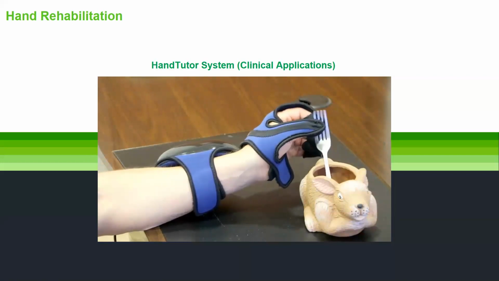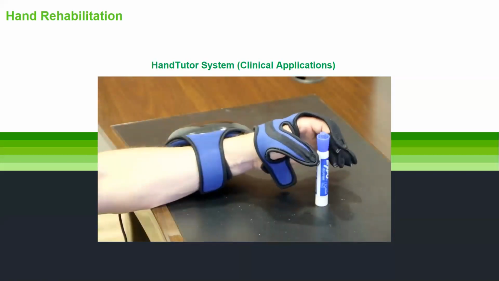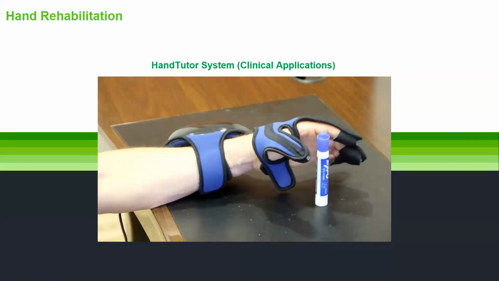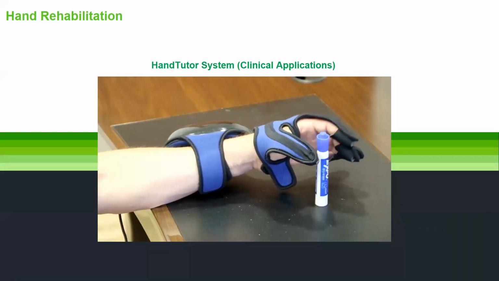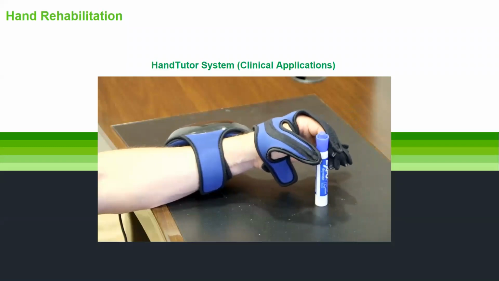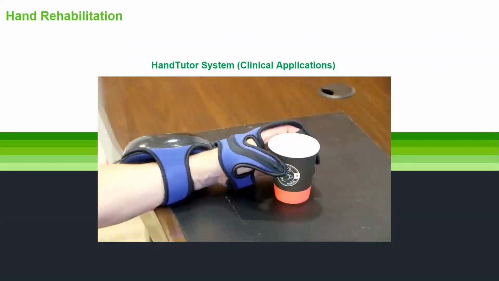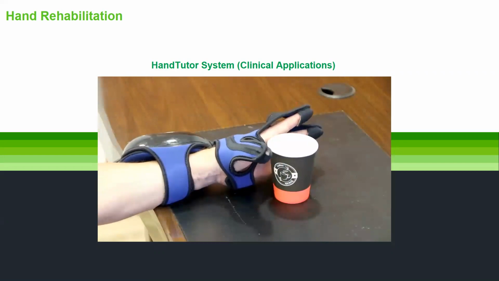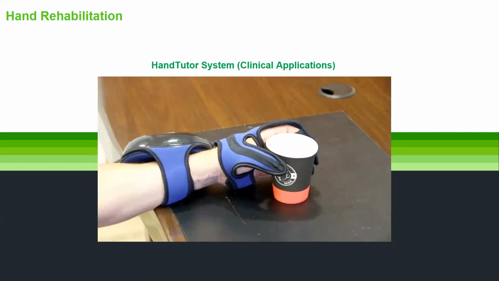Here we're looking at a tripod functional grip. We can change sizes and change objects to increase or decrease difficulty, depending on our treatment goals. Here we're doing a grip and extension exercise of the club.